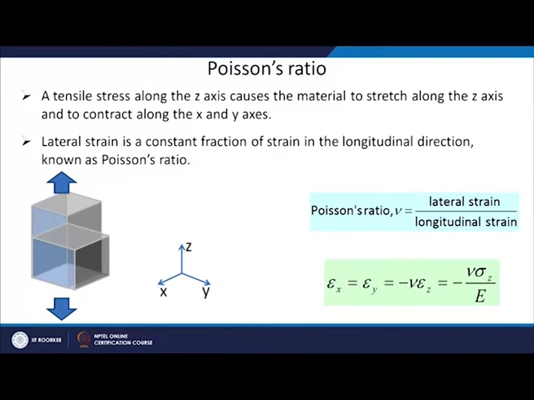So, that is why we are using minus here, that epsilon x will be equal to minus nu into epsilon z, or epsilon y is equal to minus nu into epsilon z. Okay. So, if one is tensile, the other has to be compressive, and that is why the negative sign.